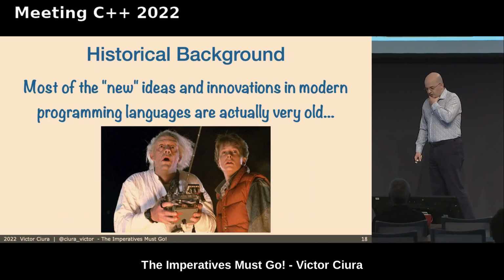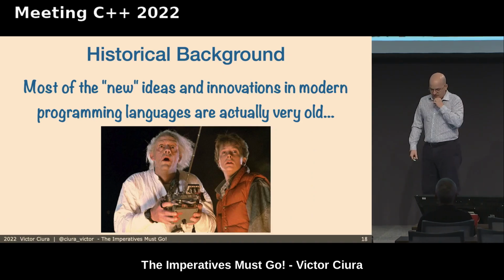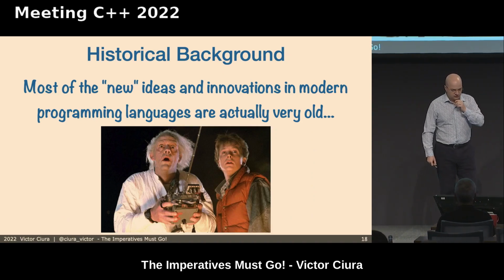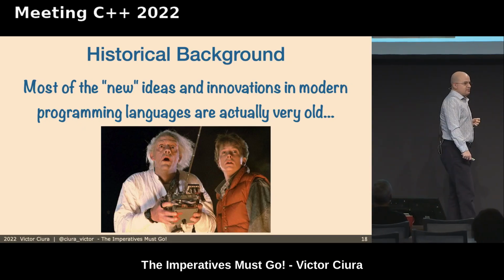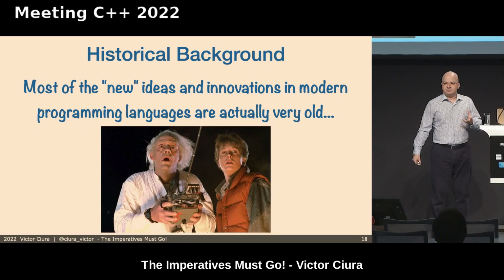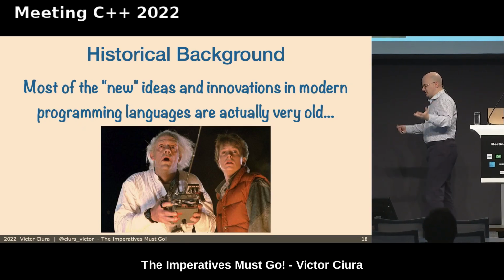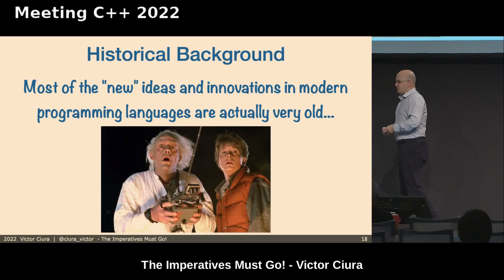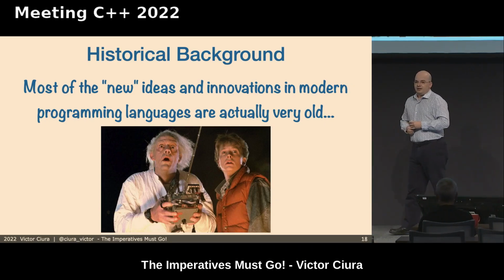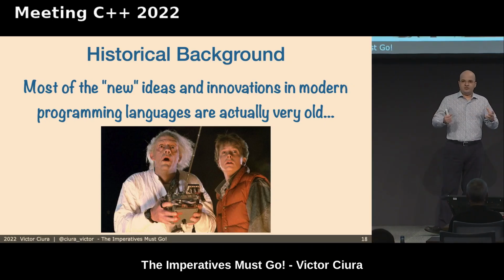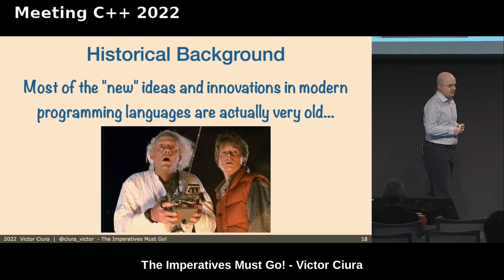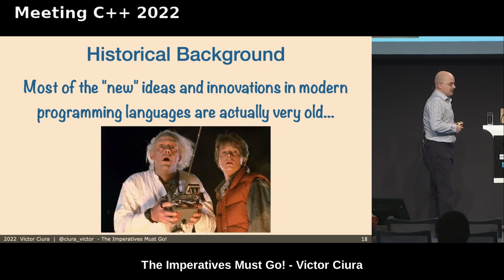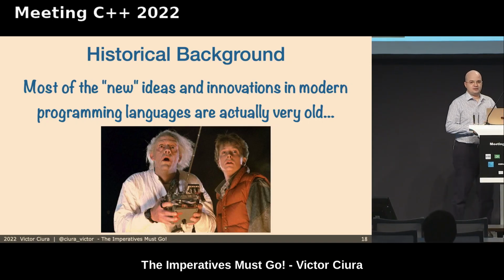And when we talk about new ideas, I think a lot of innovations that we identify with contemporary programming languages, be it C++ or C# or Swift or Rust or whatever, we tend to consider them modern features, modern additions. But I think the majority of them are older ideas that just gain new appreciation.